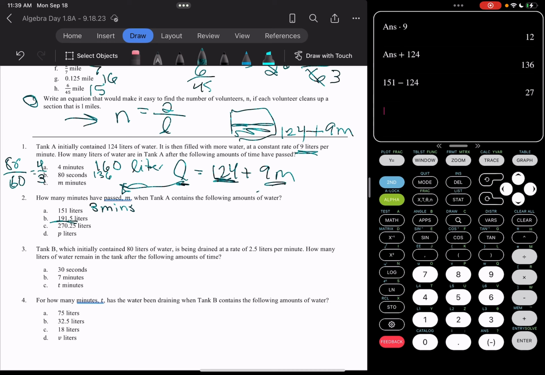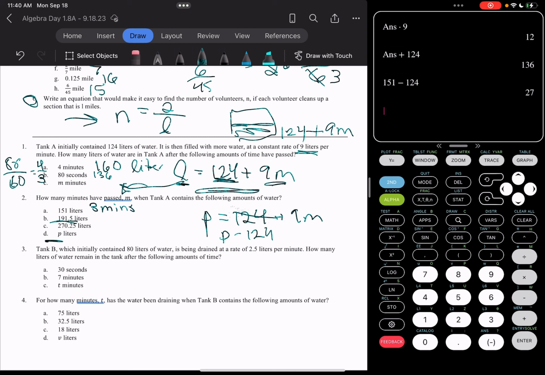So in looking at this equation, when we get down to this P liters part, if instead we wanted to solve for how long this has passed, we have P liters equals 124, oops, that should be a 2, excuse me, 124 plus 9m. So if we want to solve for m, we can very simply do P minus 124.